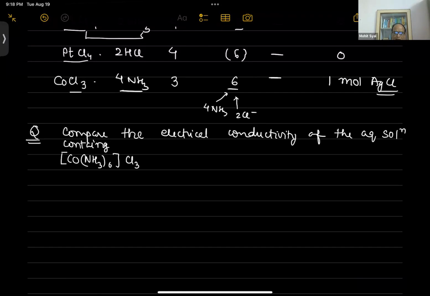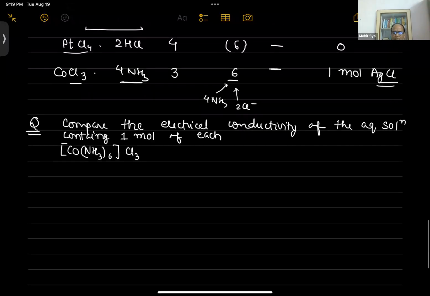Aqueous solutions containing 1 mole. Separately, you need to consider them.